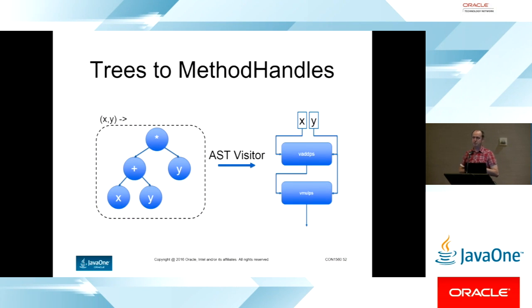So instead of doing it by hand every time, what if you start with an AST? You start with an AST that is just a single expression, kind of a templated form. Say X and Y point to some expression tree, and we have an AST visitor that walks that expression tree, and when it sees an add, it uses vadd_ps. When it sees a mul, it uses vmul_ps, and then it takes the method handles library and ties it all back together in a nice, tidy way.